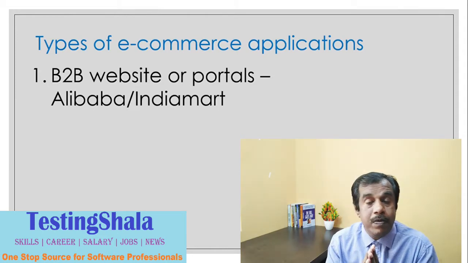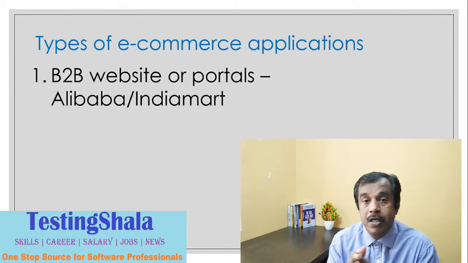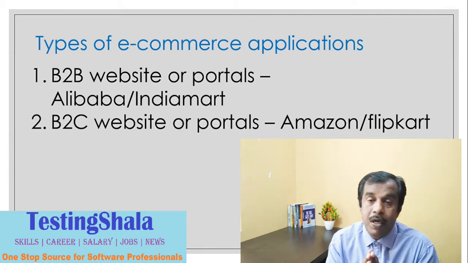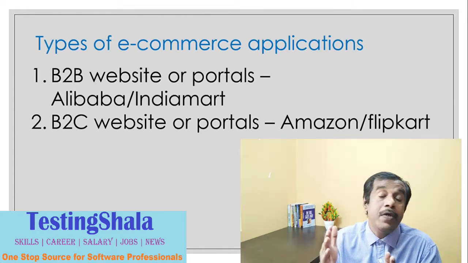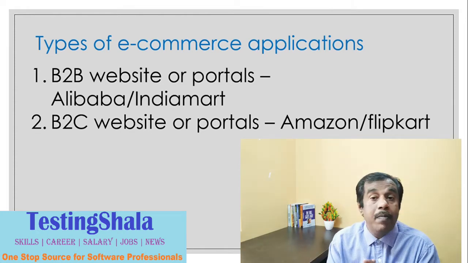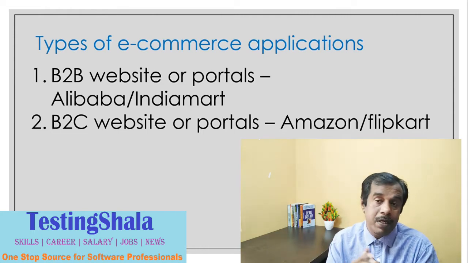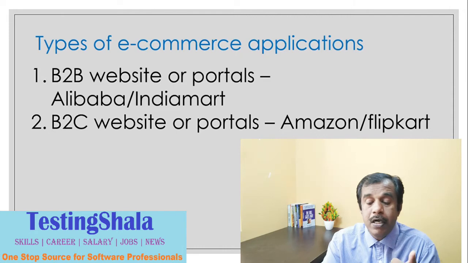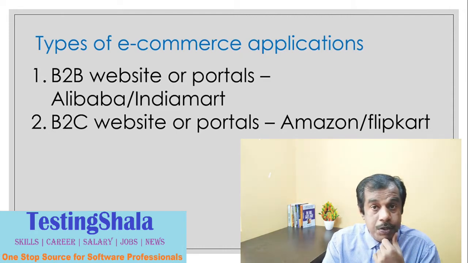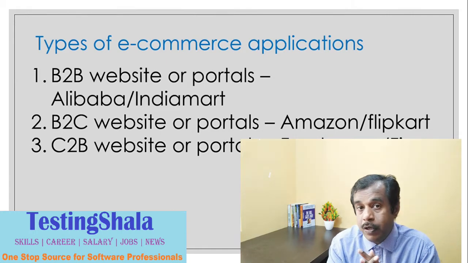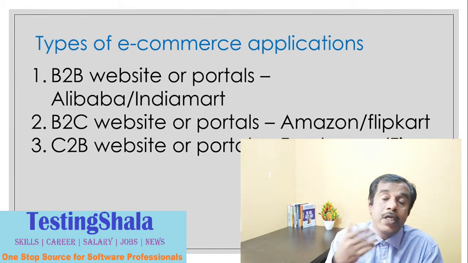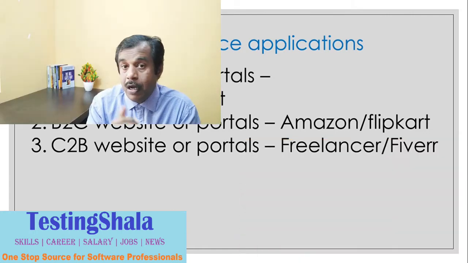The second type of e-commerce application is B2C, where wholesalers or manufacturers sell their products to the customer. That is B2C, which is similar to your Amazon or Flipkart or Snapdeal or whatever platform. Then the third is customer to business, where individual customers have their own products and sell to business people or wholesale people.